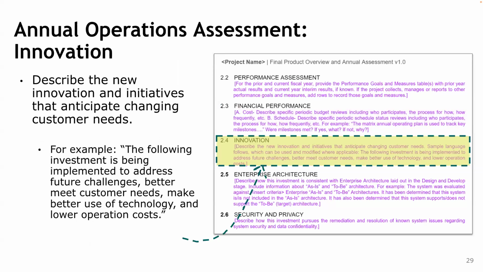And then the next one is innovation. So what other innovation opportunities are there? Customers change. Maybe customers don't change, but markets change, and you see a gap, and there's an opportunity to innovate.